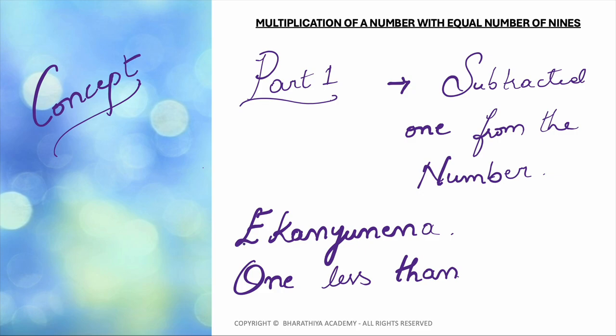So we apply the sutra or the concept called ekanyunena. When we say apply ekanyunena, you just have to subtract 1 from the number. So number minus 1, or simply predecessor. This is the part 1 concept that we have applied.